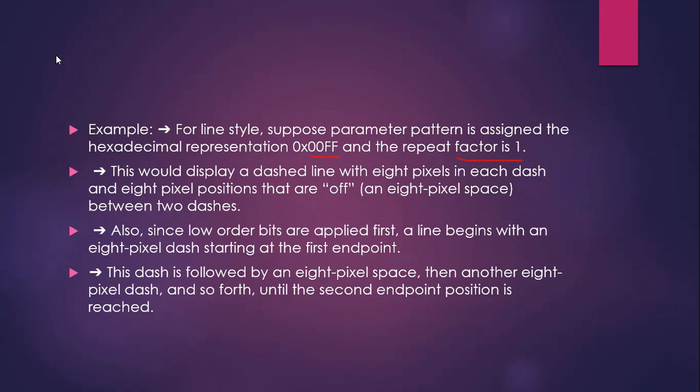As you know, 00 means off, FF means on. F means the 4 bits of ones, and again one more F you have.